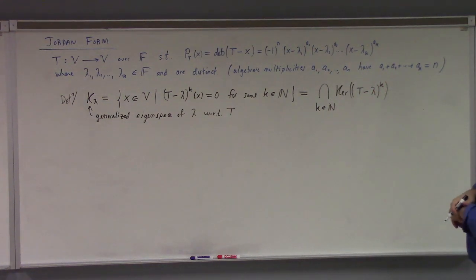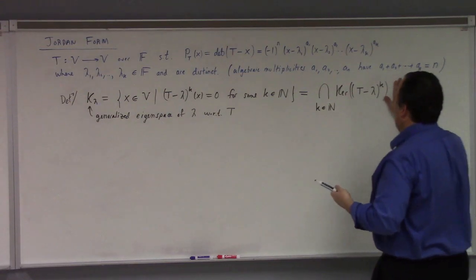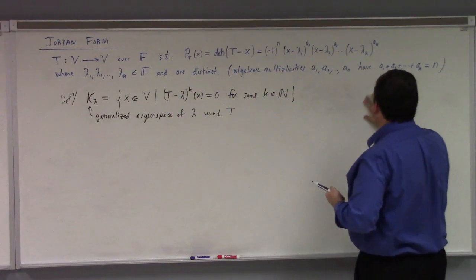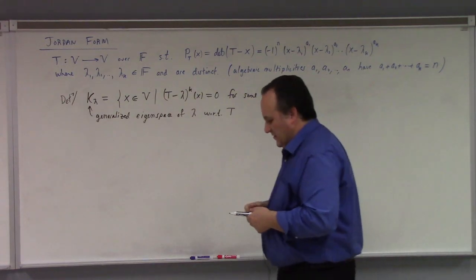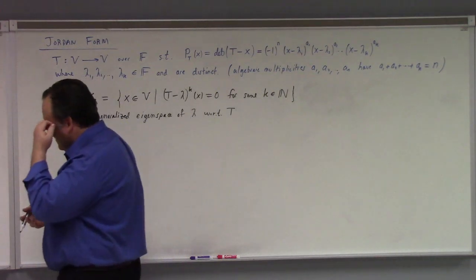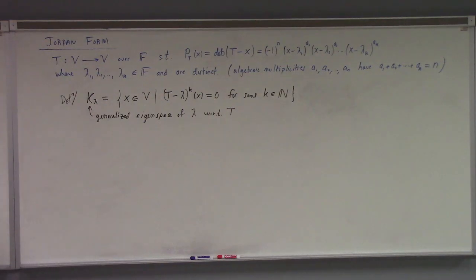I guess it's not. It's not the intersection, is it? Anyway, this is the definition. We don't need to write that, but it's not the intersection. They don't have to hold for every k. It's enough for it to hold for one of them, right?